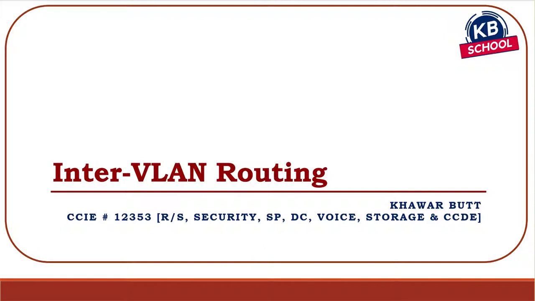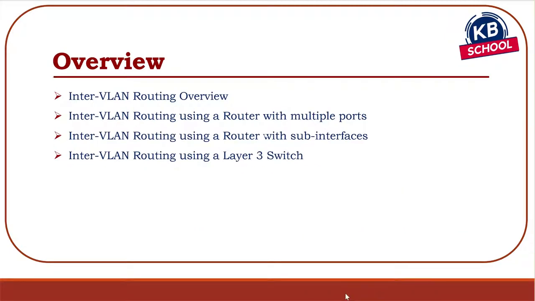subnet. The different topics that will be covered in this particular video. We're going to start with inter-VLAN routing overview. We'll take a look at how to do inter-VLAN routing using a single router with multiple ports, a router with sub-interfaces. This is an interesting one. This is also referred to as router on a stick.